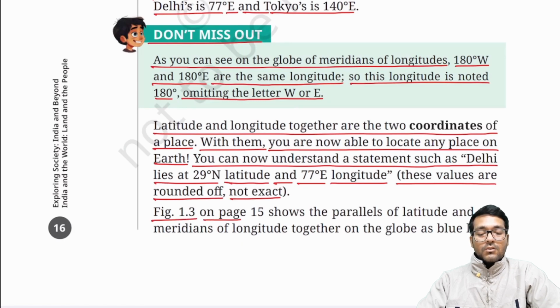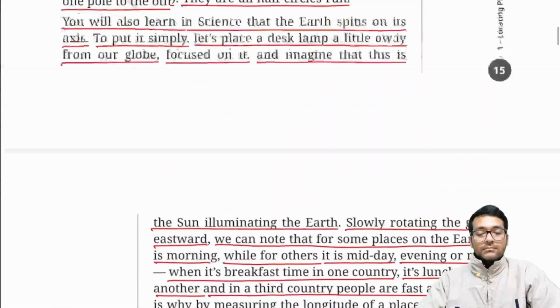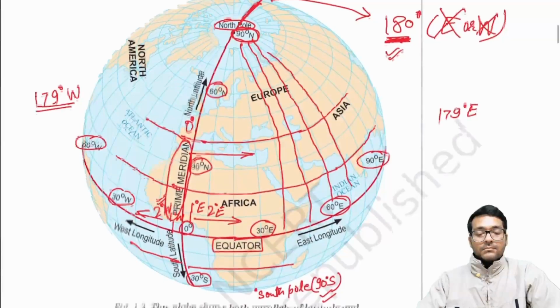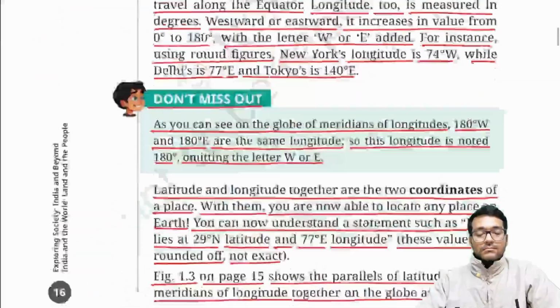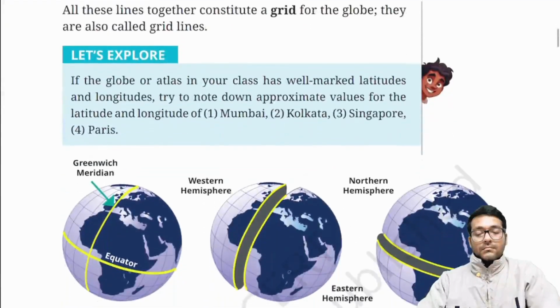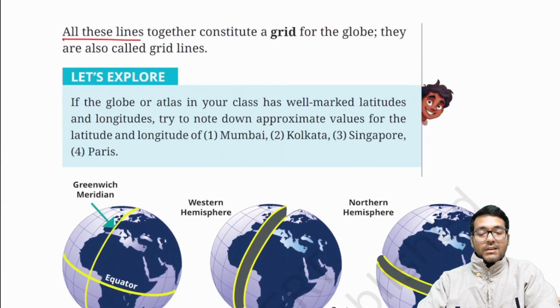Figure 1.3 on page 15 shows the parallels of latitude and the meridians of longitude together on the globe as blue lines. All these lines together constitute a grid for the globe. They are also called grid lines.